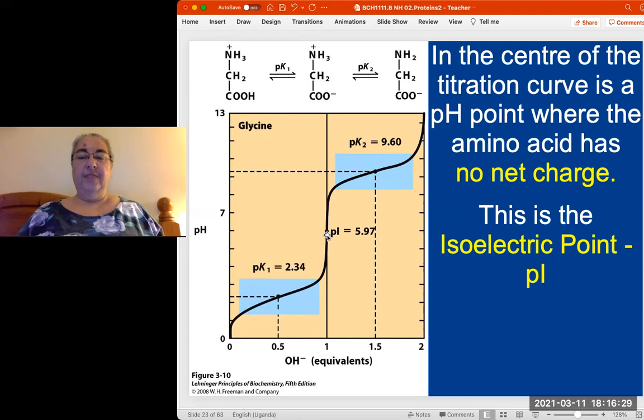Iso meaning the same, and electric referring to the electrical charge. So it's the point at which positives and negatives cancel each other out, and there is no net charge. So for glycine in our curve here, the isoelectric point is pH 5.97.